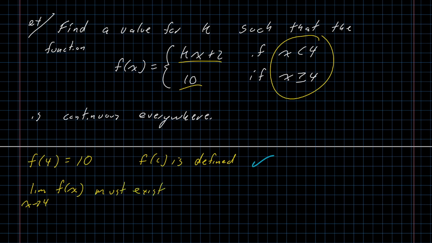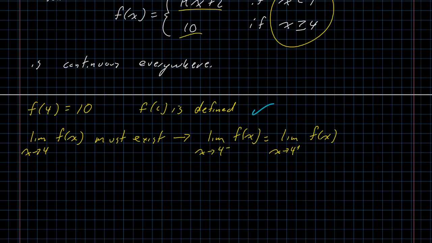And since the limit must exist, it will be the case that the limit as x approaches 4 from the left of f of x is equal to the limit as x approaches 4 from the right of f of x.